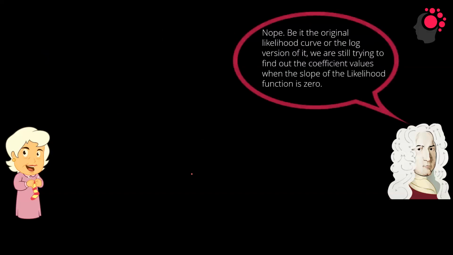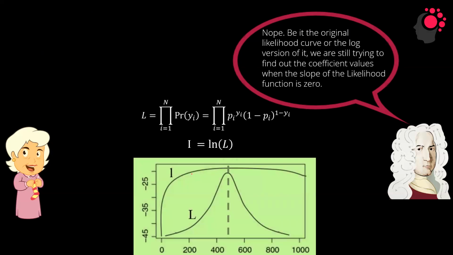And Bernoulli says no. Be it the original likelihood curve, which is this curve, or the log version of it, let us call the original curve L, and l is the natural logarithm of that L. We are still trying to find the coefficient values when the slope of the likelihood function is 0. So be it L here, which is this value, or the log version of it, in both cases we are still trying to find the value where the slope is 0.